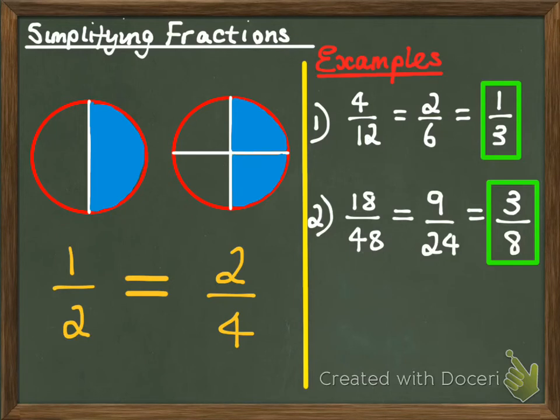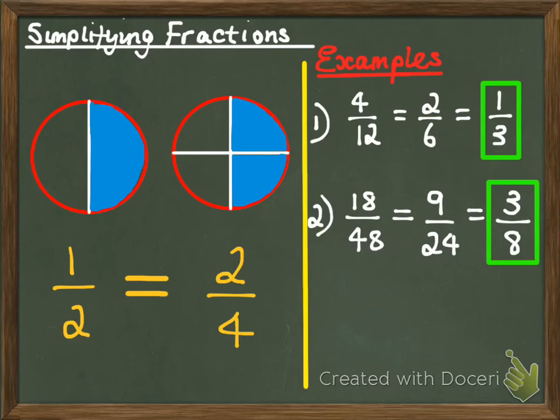So the lowest I can get this fraction is 3 over 8. There's no number now which I can think of which goes perfectly into 3 and into 8, so I know that I have to stop. Likewise, if you would recognize that 6 went into 18 and 6 went into 48, you would have got to 3 over 8 1 step quicker than I have in this video, okay?